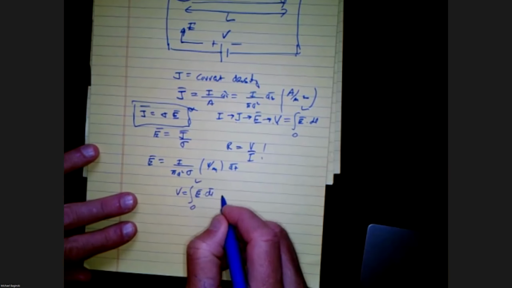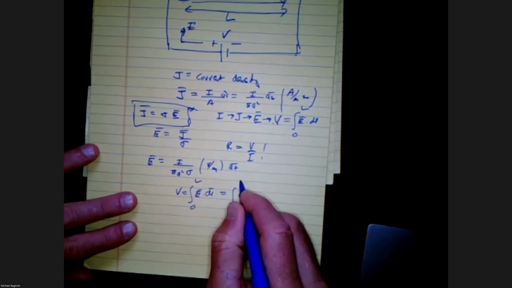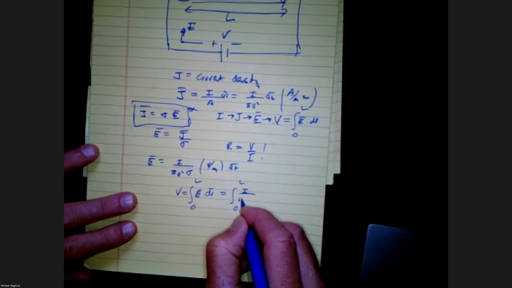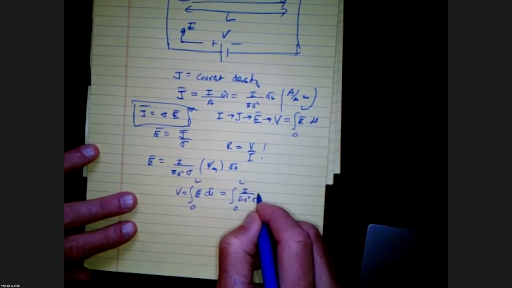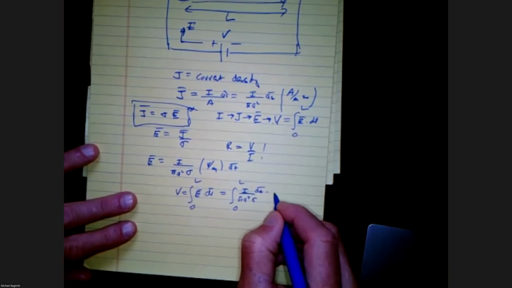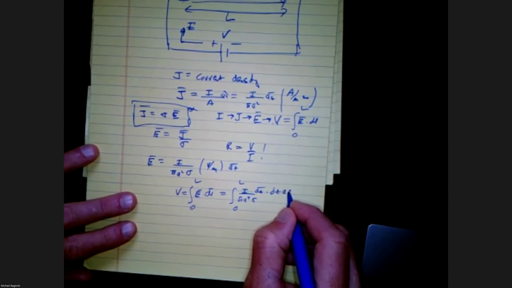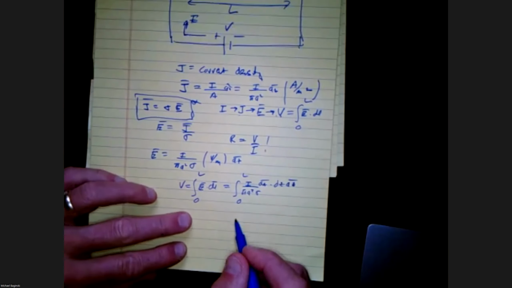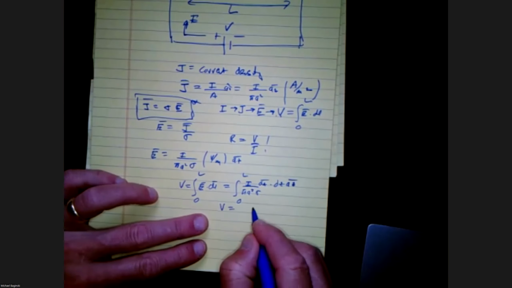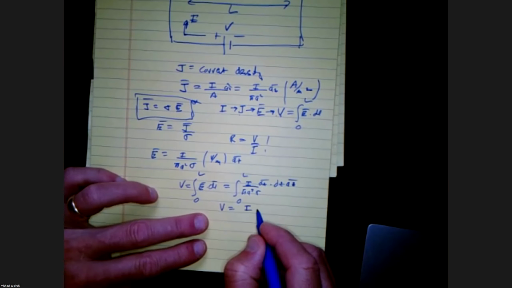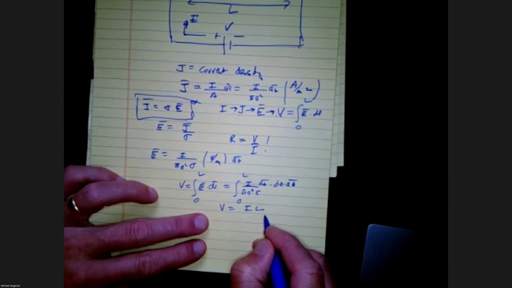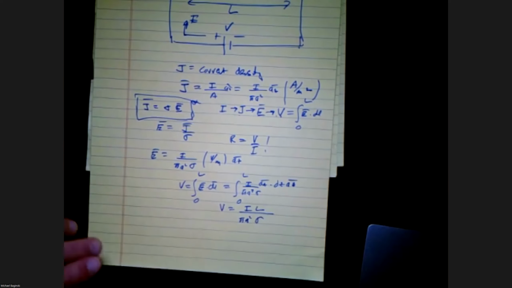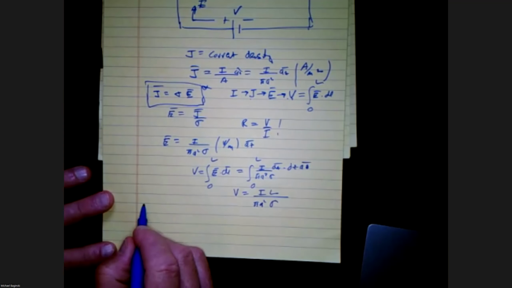It's going to go from 0 to L. When I do that, I go from 0 to L of the electric field, which is I over pi A squared sigma in the AZ direction, dot DZ AZ. Well, the integral of DZ from 0 to L is just L. So this voltage is equal to the current that we're assuming times L over the area pi A squared divided by sigma.